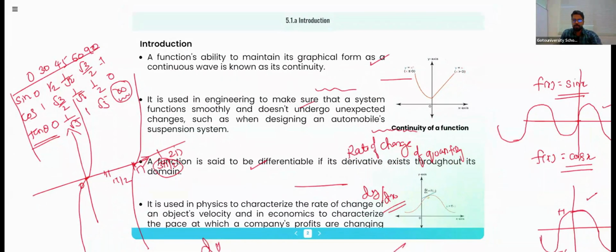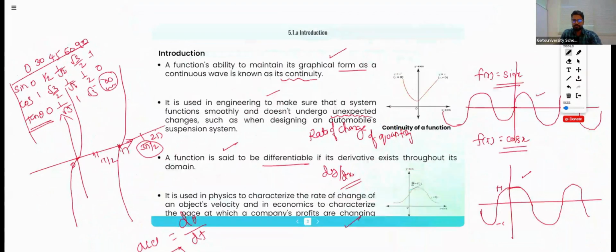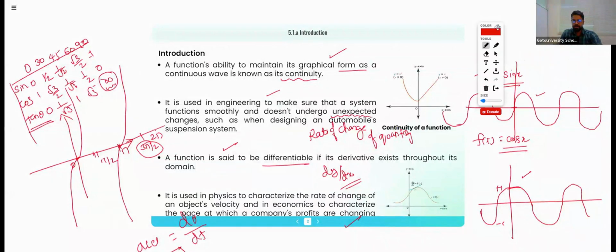Let me now quickly get into the first part of this class, that is continuity. Shall we get into this? This is the basic crux of the chapter. We are going to discuss why we are learning differentiability and continuity in this class, or even in the 12th standard as a whole.